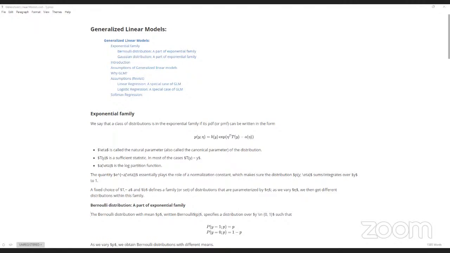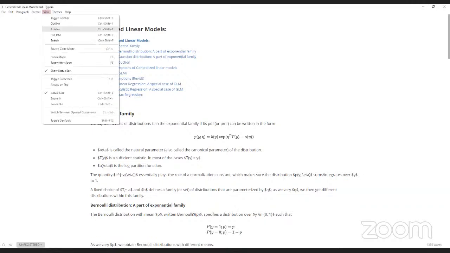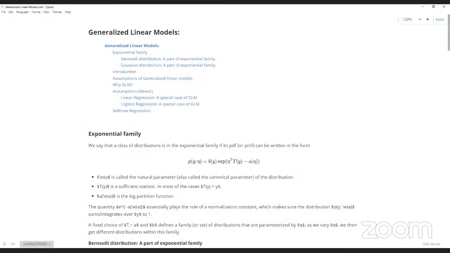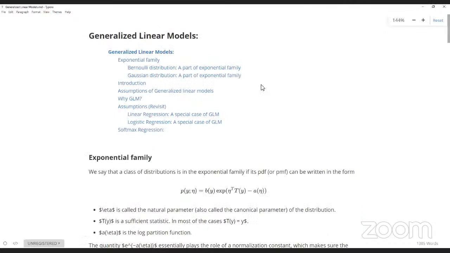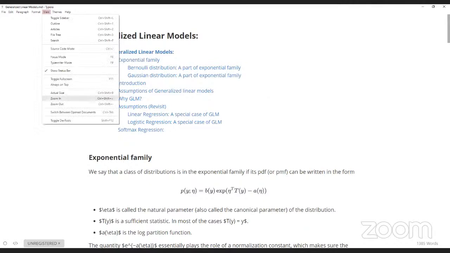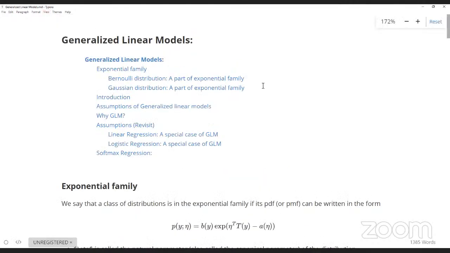Actually, I don't see any options to resize it. Is it not visible at all? No, it's visible, it's just too small. Sir, please check in View, maybe there is an option to zoom. Yeah, there is a zoom in option. Is it working or not? Yeah, much better. Okay, let me do one more. Yeah, thanks.